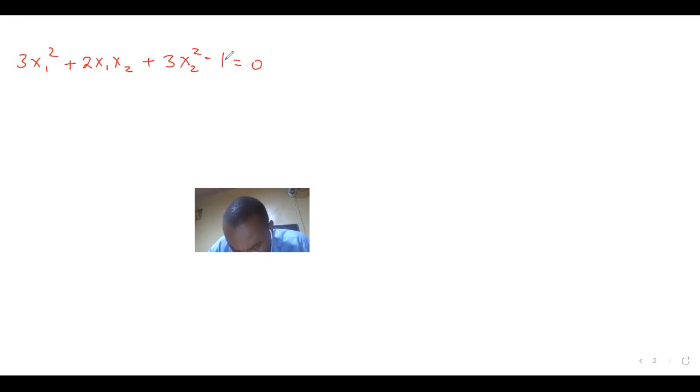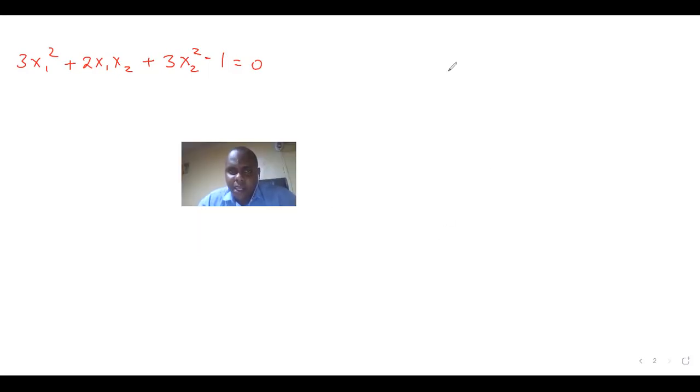I see step 3, complete the square. Can you see it? No, let me open it from my laptop and then I can share and then you can show me. Okay.